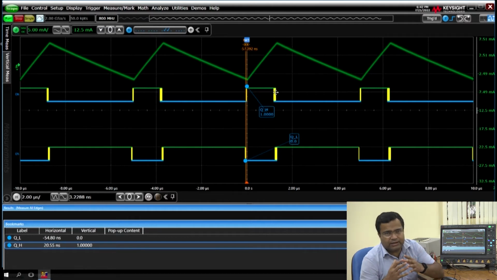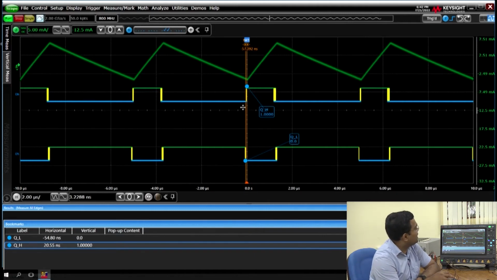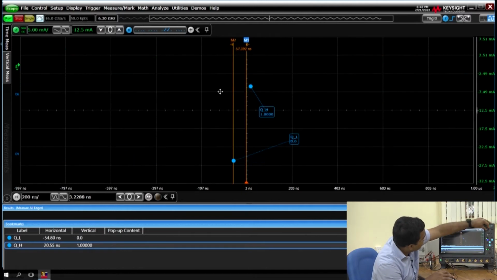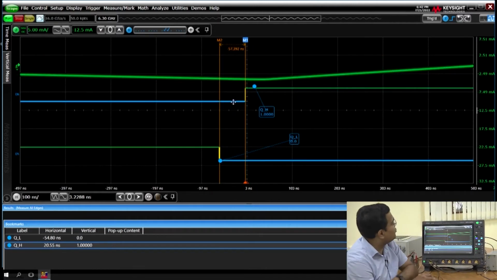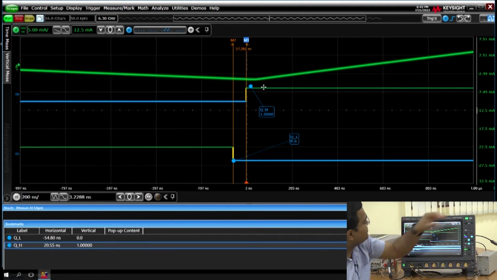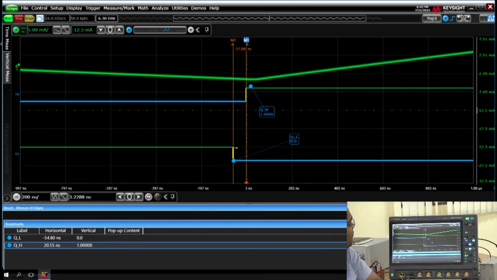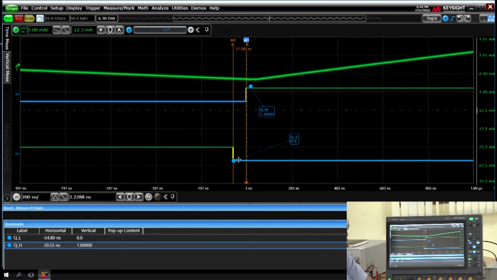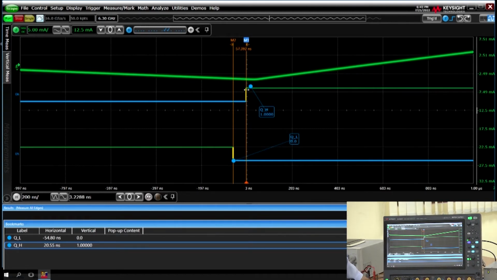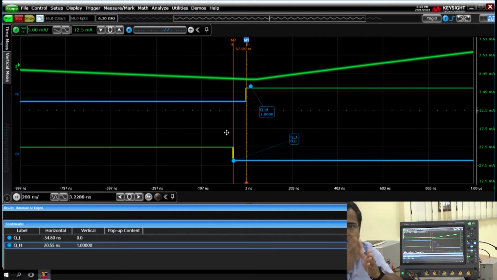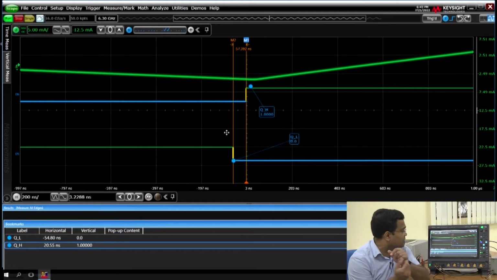So first it will be break and then make. If we zoom into this portion, when you want to turn on the switch, first you have to turn off the low side switch, then you need to provide some dead time, then you turn on the high side switch. That means first you have to break the conducting path, and then you turn on the switch.